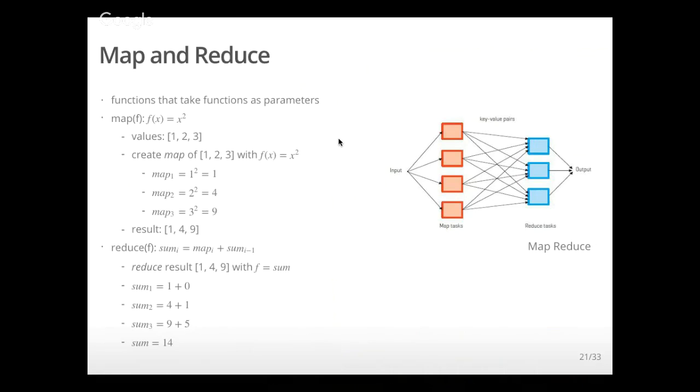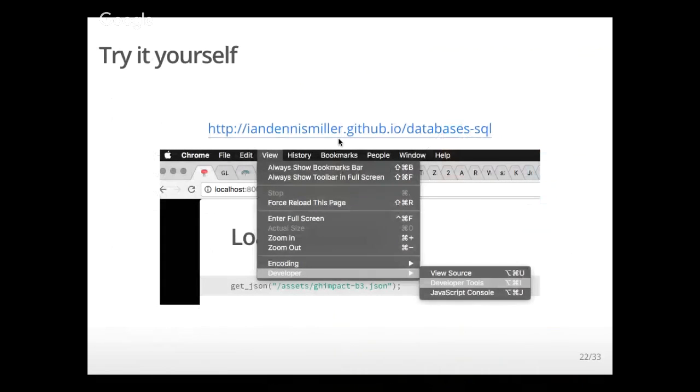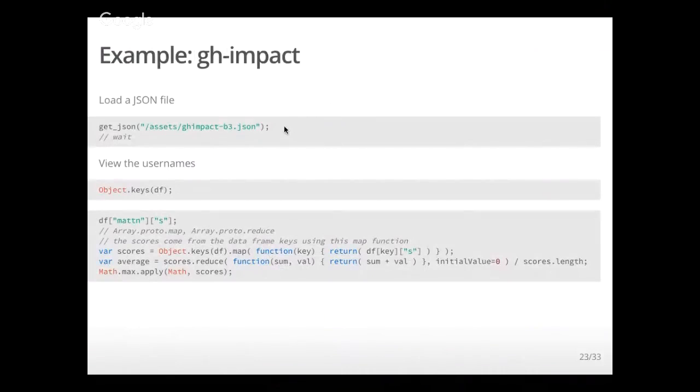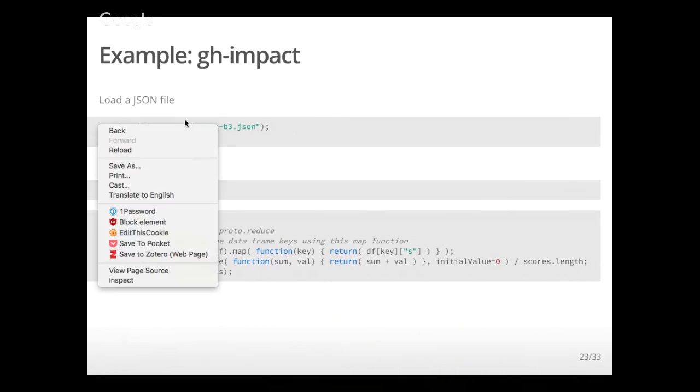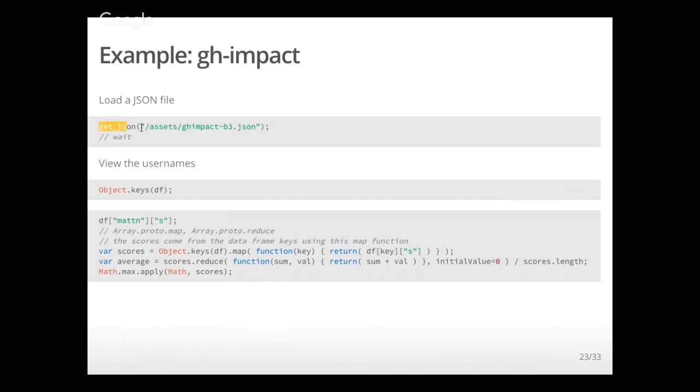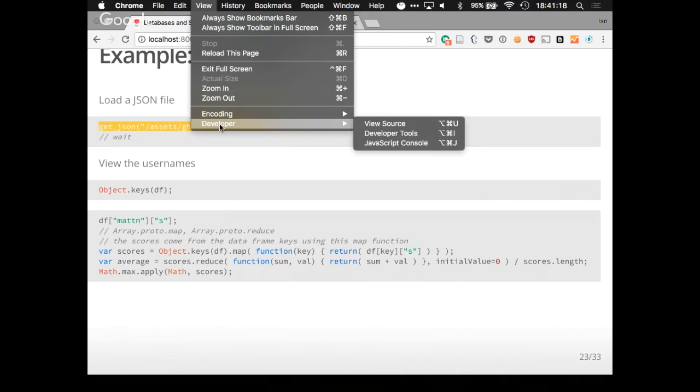We can start to get a feeling for that by going into an example here. What we're going to do is go into the developer tools, and I'm going to do a couple of things. I'm actually just going to copy and paste. The way to get into the developer tools is View, in Chrome at least. If you're using something else, I leave it to you to figure out.